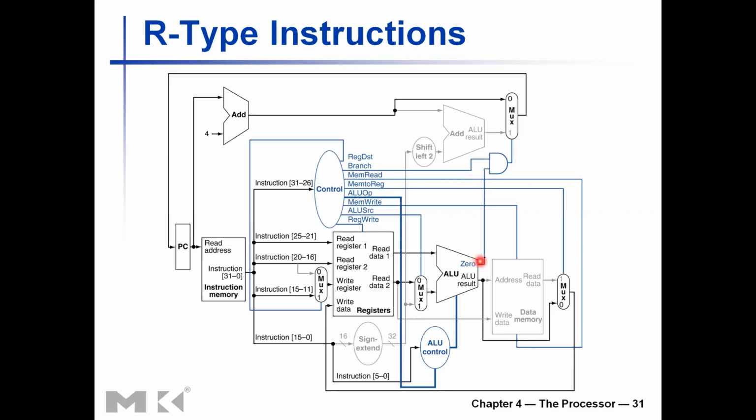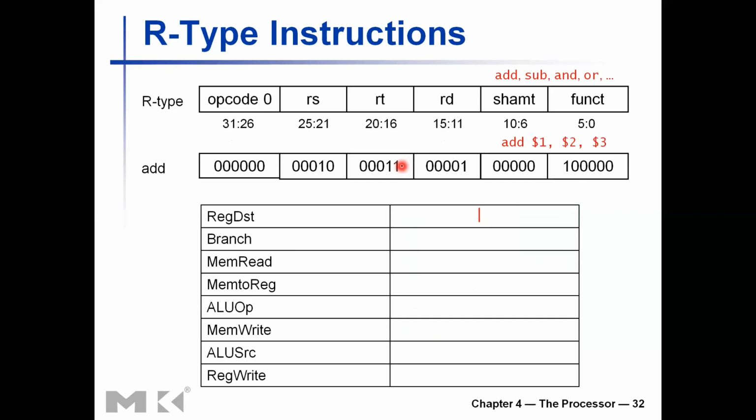Regardless of the value coming from the zero output, you will get a 0 output from the AND gate, and that will take the normal input, or 0 input, into the multiplexer and send it to the program counter. The program counter will only be incremented by 4, which is what we want. So the value we need to send on the branch control signal here is 0.